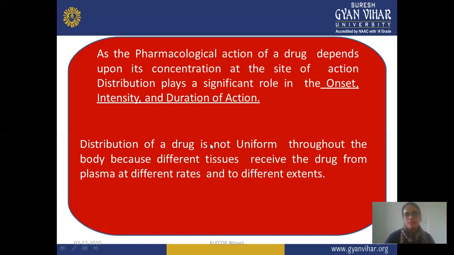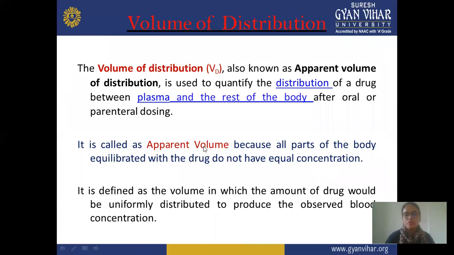Next part is volume of distribution, which we also discussed shortly in the previous slide. It is also known as Vd. Volume of distribution is the amount of drug present in your body divided by the concentration of drug present in your plasma.